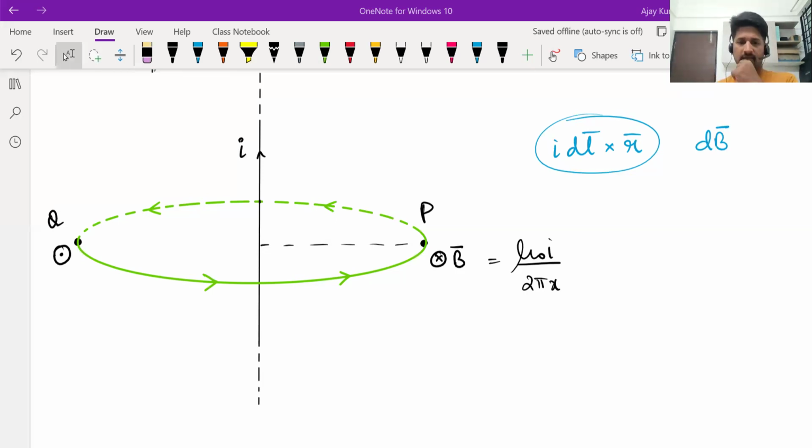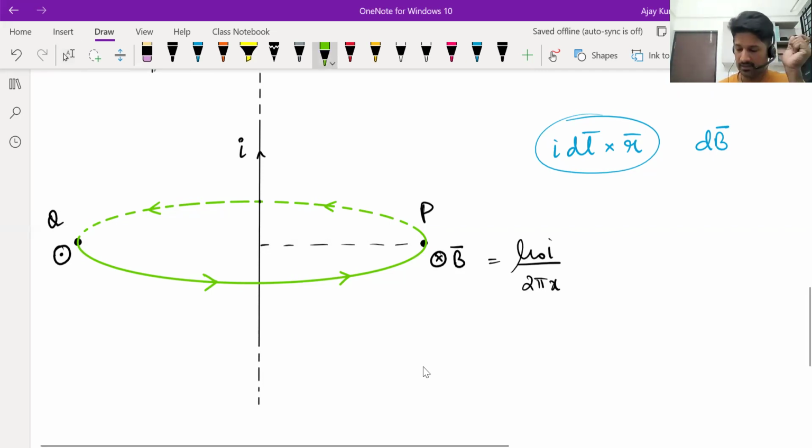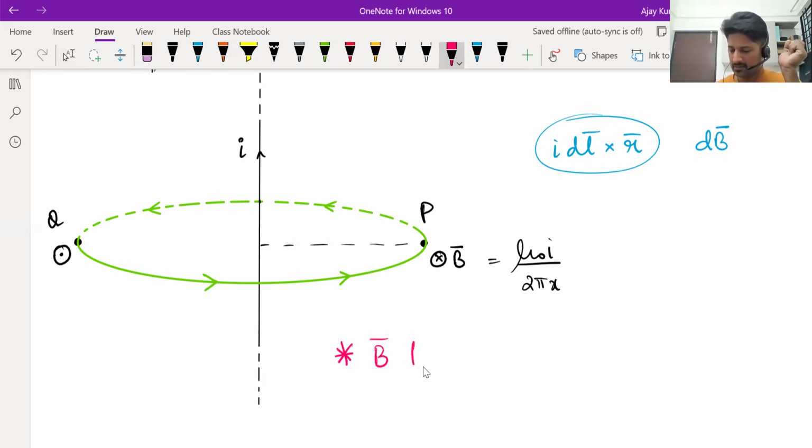Correct. They never form closed loops. Now here, the field line that I have drawn is a circle. It's a closed loop. This is the difference between an electric field line and a magnetic field line. Magnetic field lines always form closed loops. There's no exception.